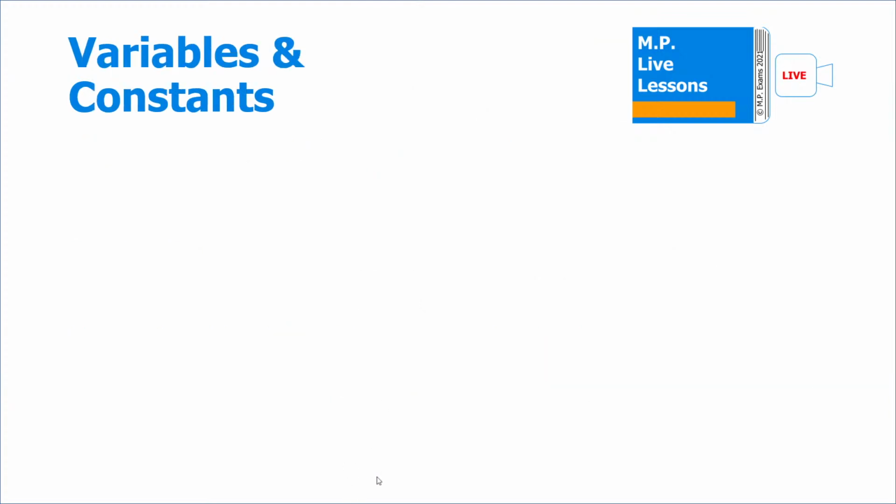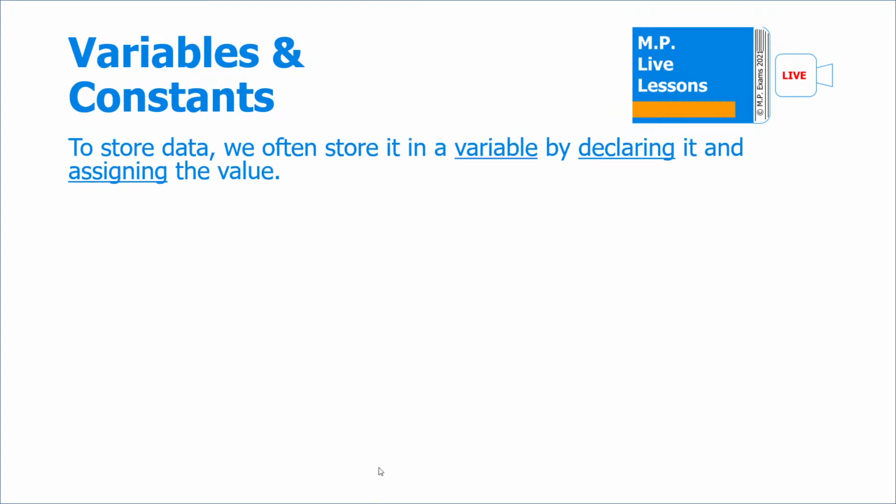Next thing you'll need to know are the variables and constants. So variables and constants are a way to store data. We first declare it and assign a value. An example could be a variable I'll call score. This is called the identifier. And it's good to have the identifier's name as something with a clear purpose.